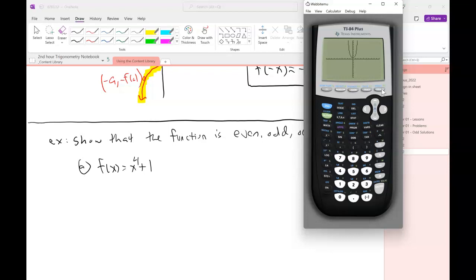So if I look at this, what do you see? Odd, even, or neither? This is an even one. Everybody agree that it matched the pictures that we drew and talked about for evens?